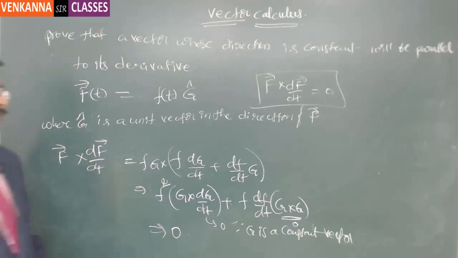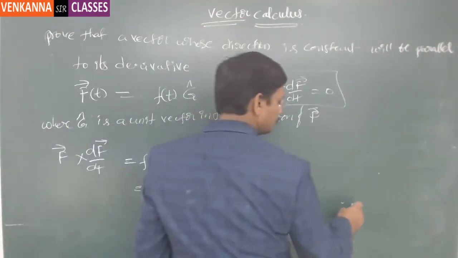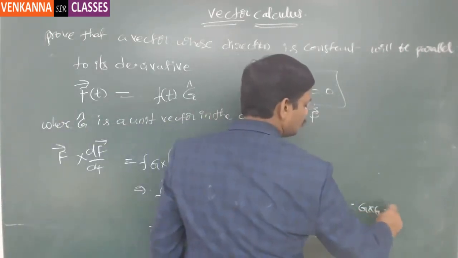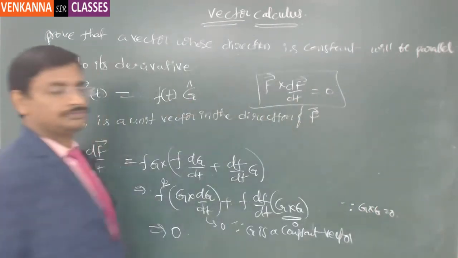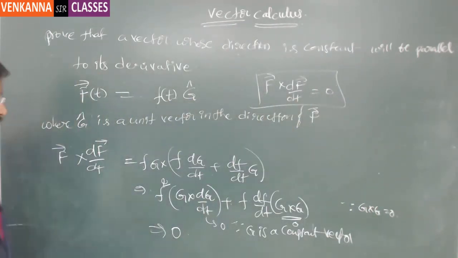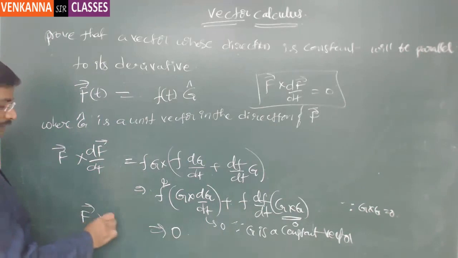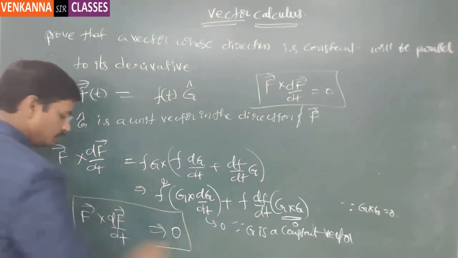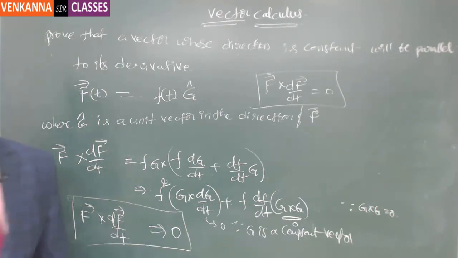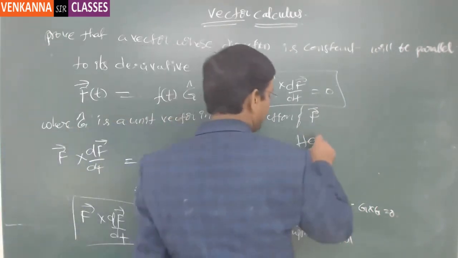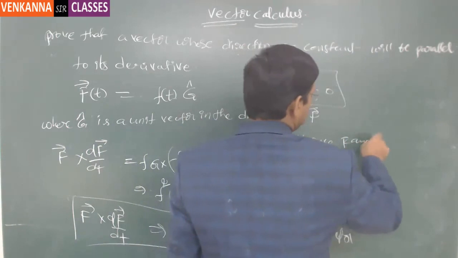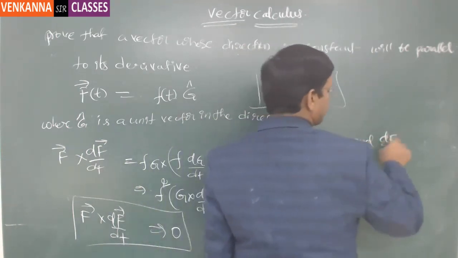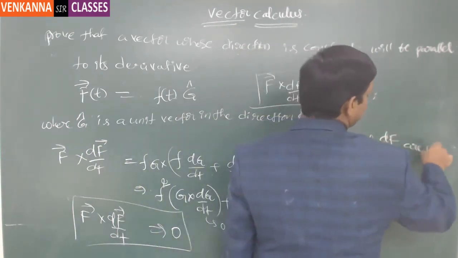Got it? So since g cross g is equal to 0, we get f cross df by dt is equal to 0. Hence these two are parallel vectors. Got it? Hence f and df by dt are parallel.